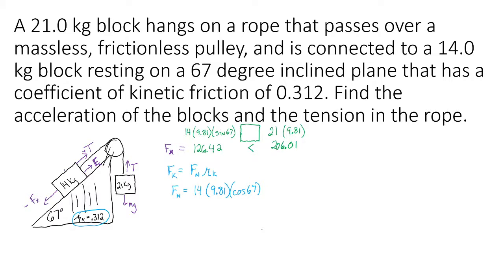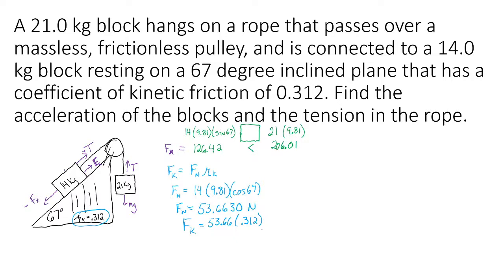14 times 9.81 times the cosine of 67 equals 53.6630 newtons equals force normal. That will allow me to find force kinetic, because force kinetic is force normal, which is our 53.66, times our coefficient of kinetic friction, which is 0.312.